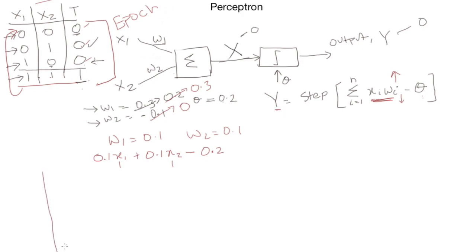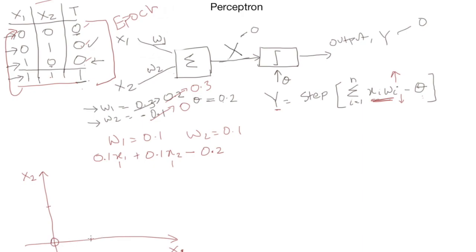The way we can visualize what the network is doing is to plot the two inputs, x1 and x2, and for each of the combination we look at the outputs. So when x1 is 0 and x2 is 0, the desired output should be a 0.